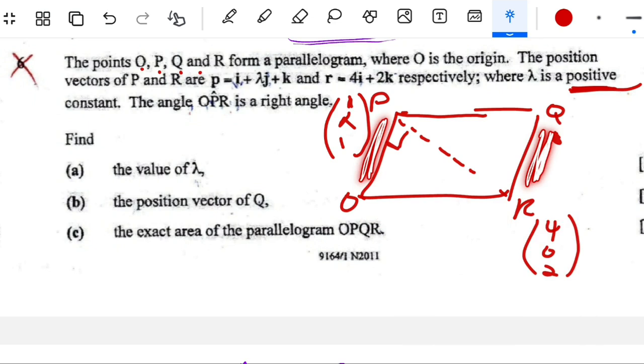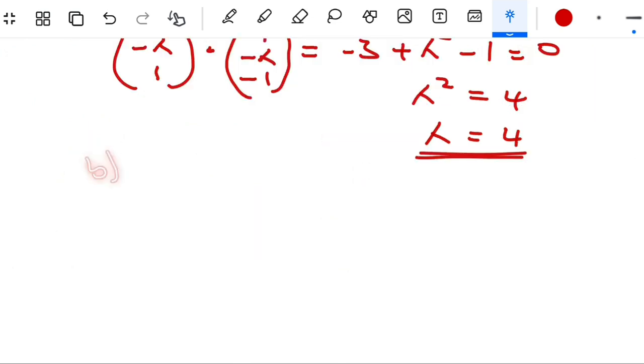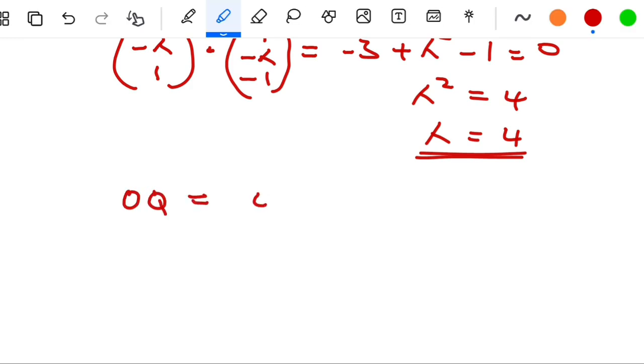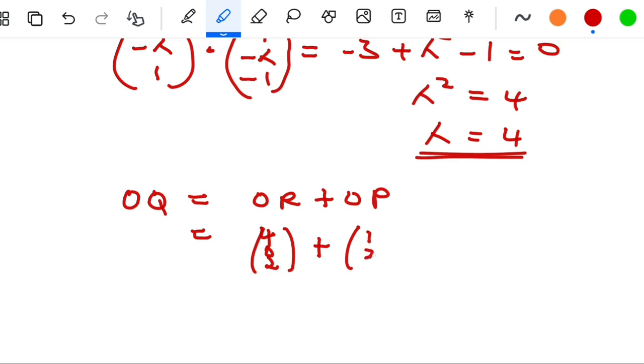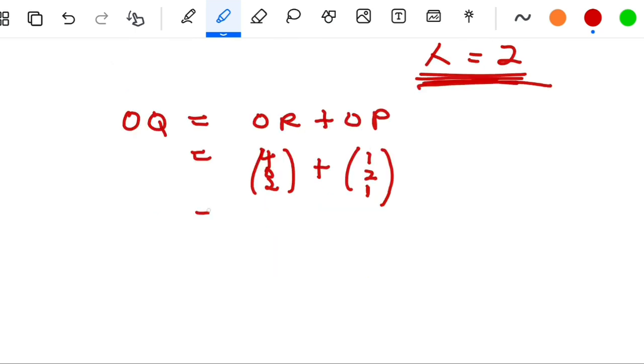Since they are parallel, this one is the same as this one. So let's find our OQ. OQ equals OR plus OP, which is our OR, 4, 0, 2, plus our OP, which is 1, our lambda we said is 2, then 1. Adding those, I get 5, 2, 3. This is our OQ.